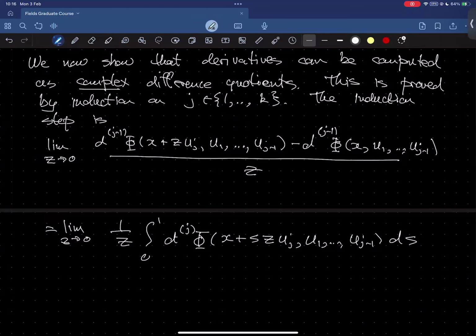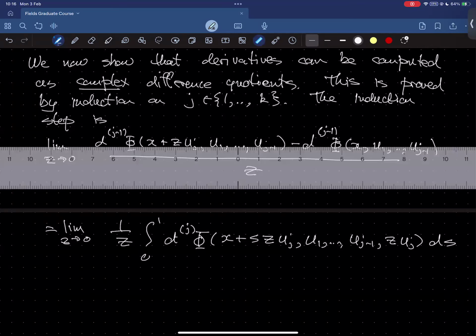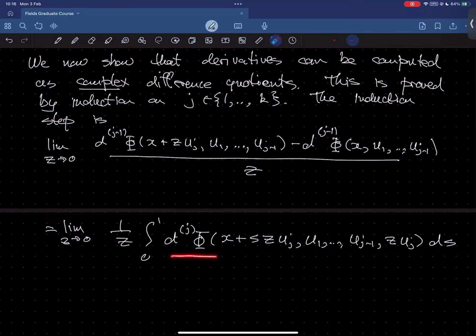Oh, and as always, I forgot the derivative. Sorry about that. z u j ds. Now we do the thing we always do, and we use the fact that we showed in the first part of the proof that this thing is complex multilinear. Because it's complex multilinear, I can pull that z out front, and it cancels with that z.